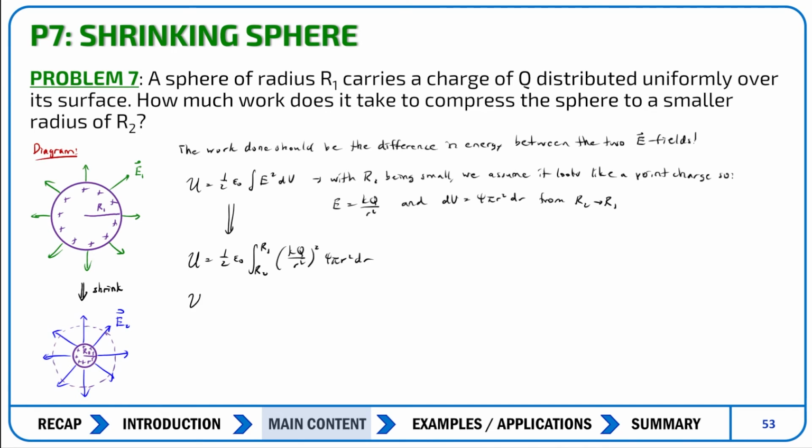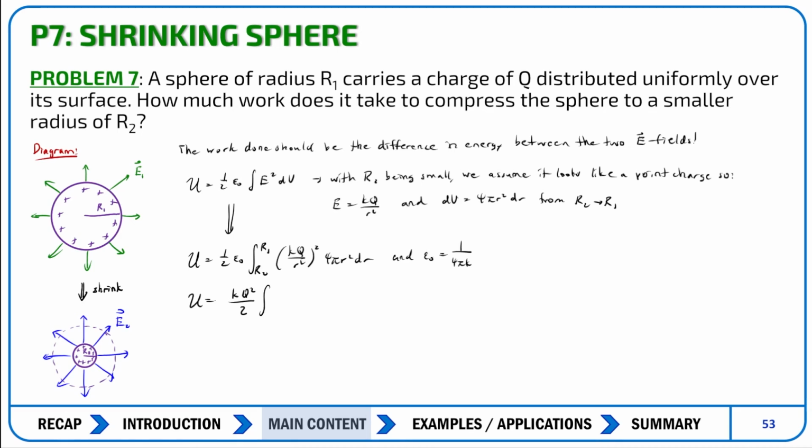Now we can factor things out. We end up with KQ squared over 2, because we have K squared, Q squared, and the 4 pi factored out. We also know that epsilon naught is equal to 1 over 4 pi K, which helps reduce this to a more manageable number of variables.